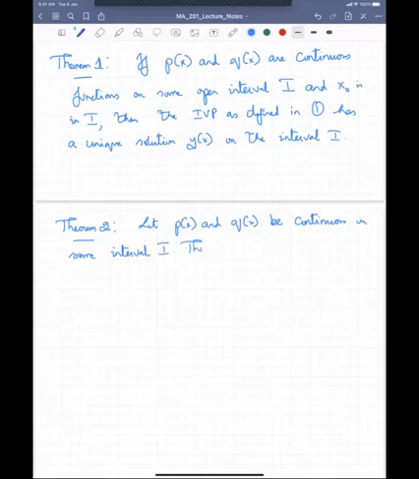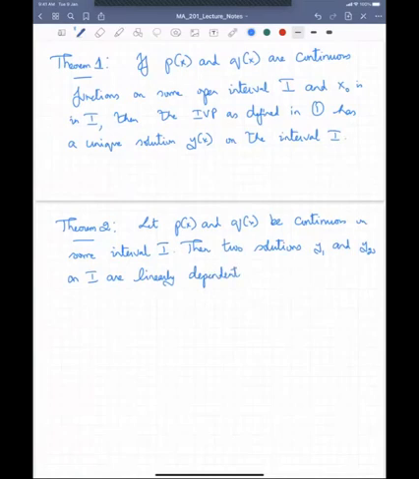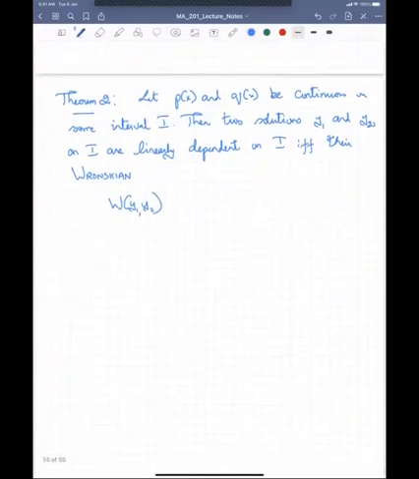Then two solutions y1 and y2 on this interval are linearly dependent on I if and only if their Wronskian, defined as, I define a new function w, which is a function of y1 and y2, and in turn is a function of x because y1 and y2 are functions of x.